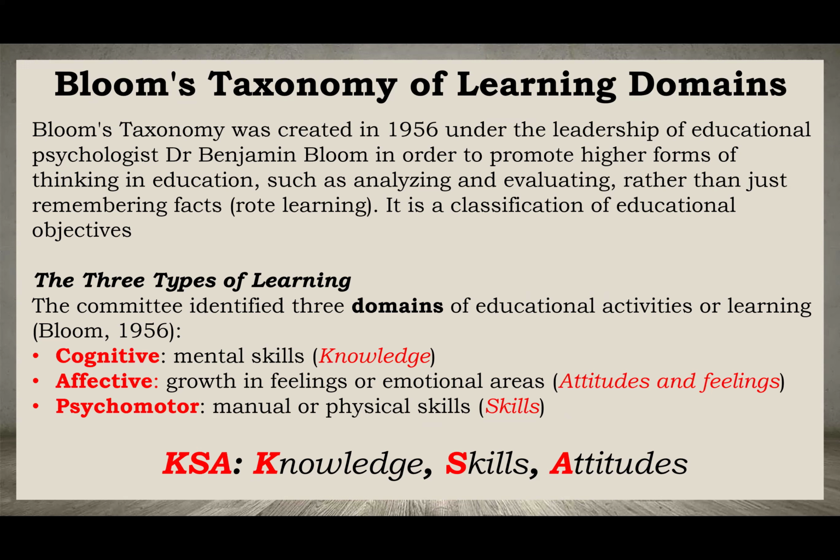The three different domains are the cognitive, which focuses on knowledge; affective, which focuses on attitudes and feelings; and the psychomotor, which focuses on skills. To cut it short, we can use the abbreviation KSA, where K stands for knowledge, S for skills, and A for attitudes.